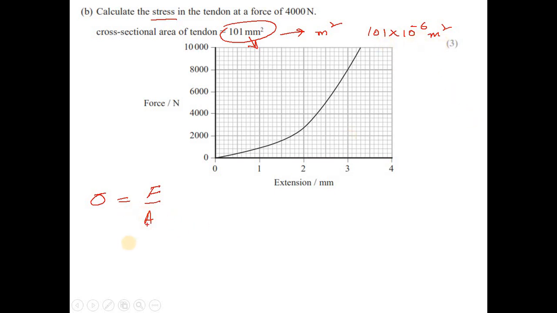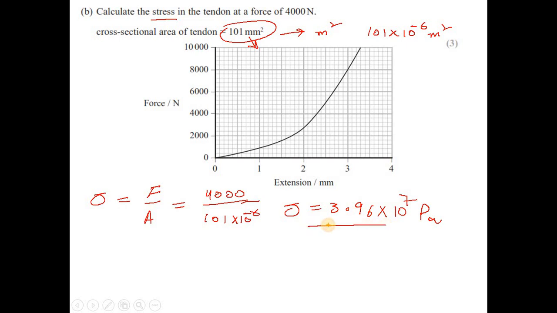So you just substitute the numbers and you say this is 4000 divided by 101 into 10 to the power minus 6 meter square. And if you solve this, your sigma would be equal to 3.96 into 10 to the power 7 Pascal, or you can round it off to 4. That's how you can figure out stress.